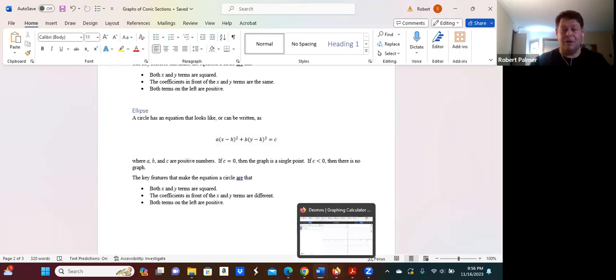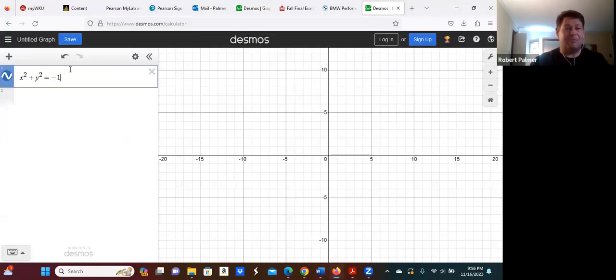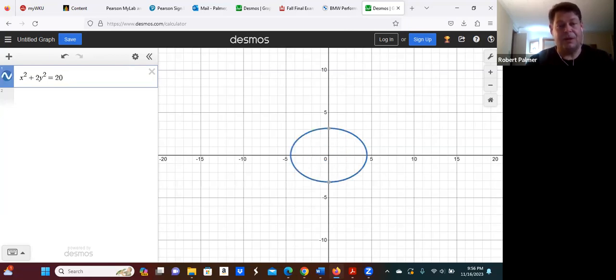So let's go back and take a look at that again. I can modify this. Let's just take a look at a 5. Now, if I change the coefficient in front of either one, make that a 2, for example, you can see that changes to an elliptical shape. Or make this one 2, that shrinks it or depresses it in the X and Y direction, but it makes it an ellipse. And in a similar way, if I increase this, let's say to 10, or back to 5, or 20, it changes the size.